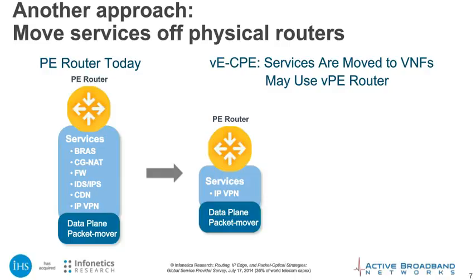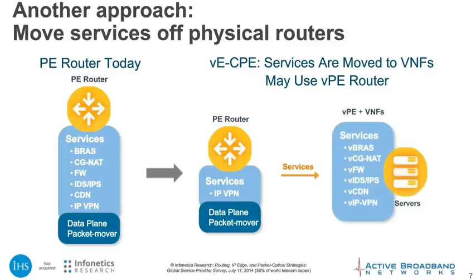The carriers have different plans for routers in the future. The big plan is to keep that PE router, but sometimes virtualize it as well, depending on how far out in the network, close to the customers, it's placed. But basically the role changes so that the PE router is more fundamentally used as a data plane packet mover. And we found, and I'll show you the actual statistics in a minute, that service providers are planning to move services like BRAS, carrier-grade NAT, firewall, etc., onto servers, running as virtualized network functions.